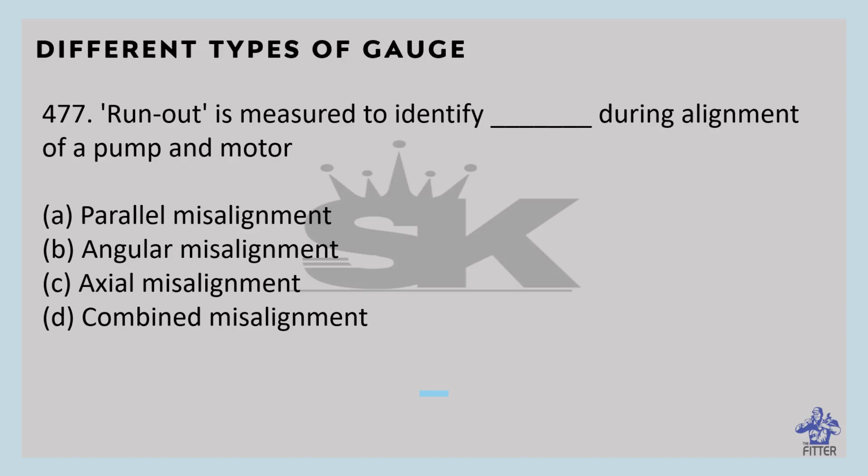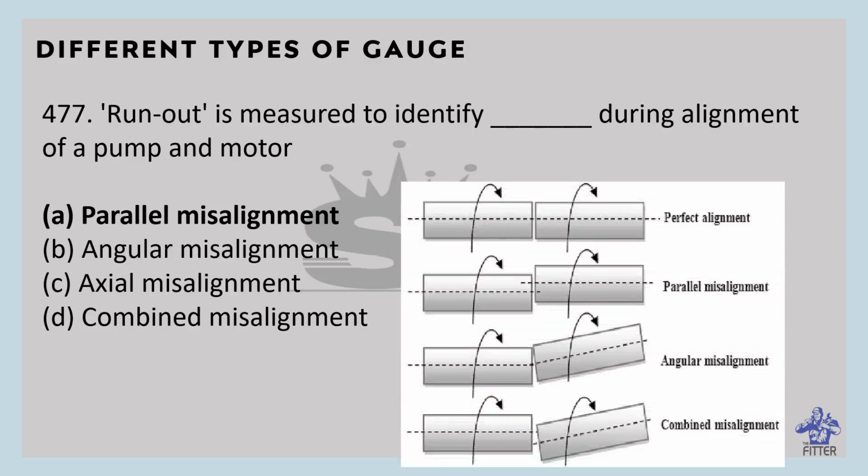Runout is measured to identify parallel misalignment during alignment of a pump and motor. You can see here in the image different types of alignments. The first one is perfect alignment, where the axes coincide.